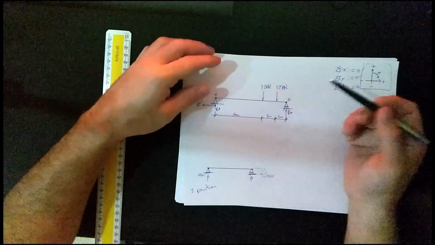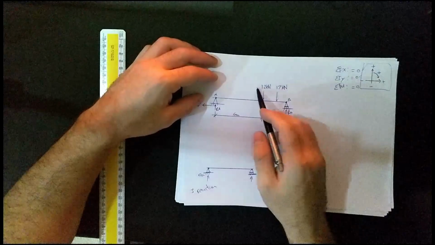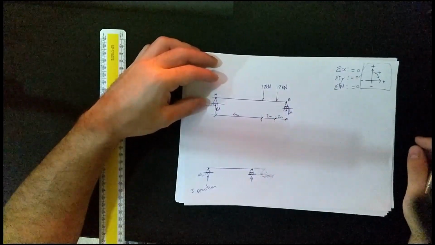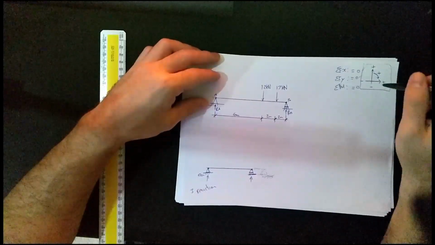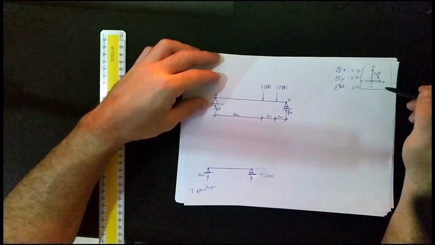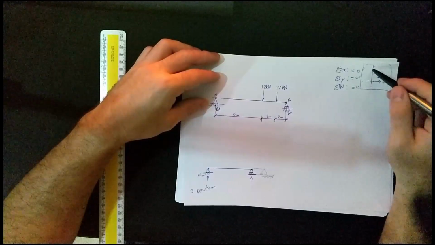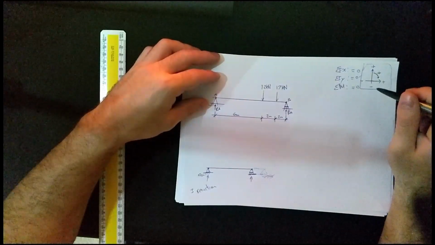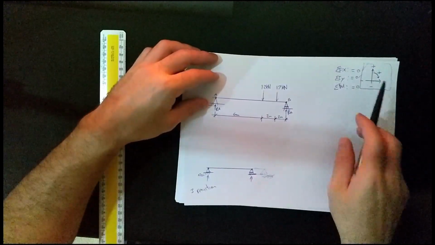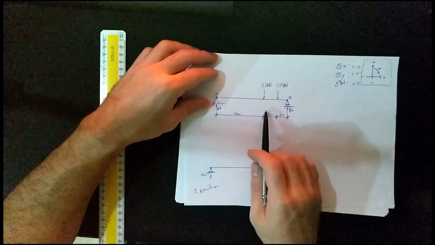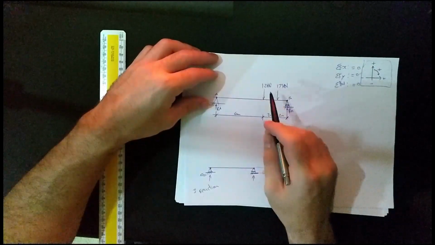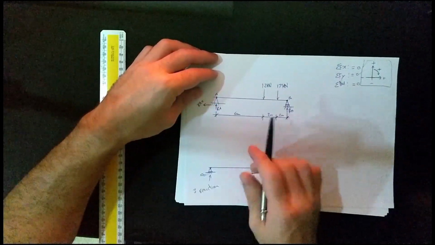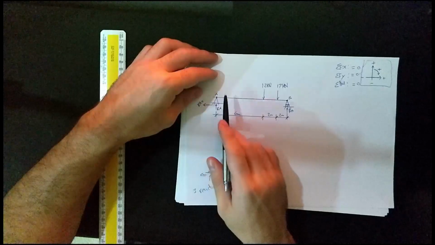I could draw that going up. It'd just be minus 12 kilonewtons if I did that. No difference, but as long as I have a sign convention saying that universally that's positive, that's positive, that's negative, and the same with moments. If that's pointing down, then that means that that is a negative force that we will write into the equation, and that will be a positive force because it's facing up.